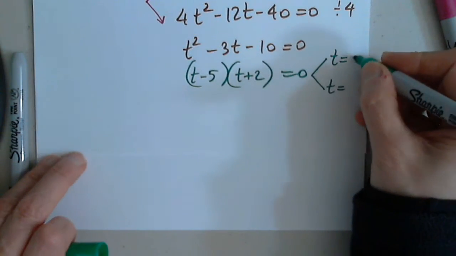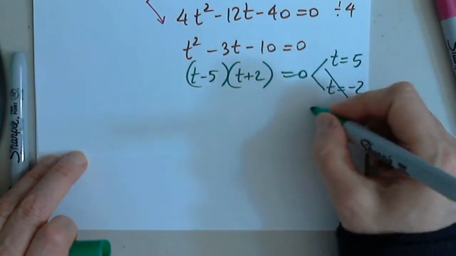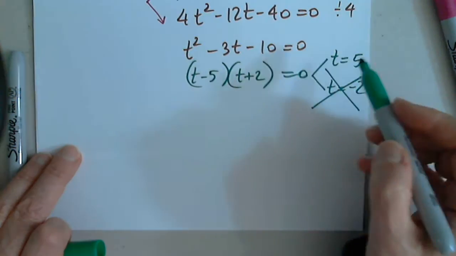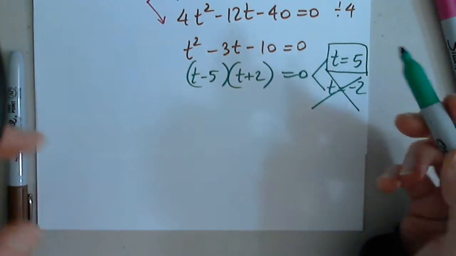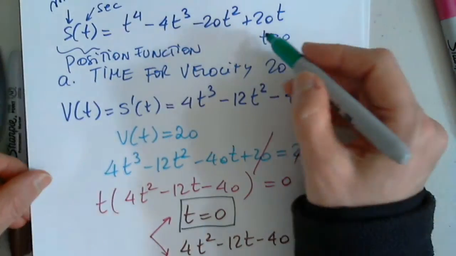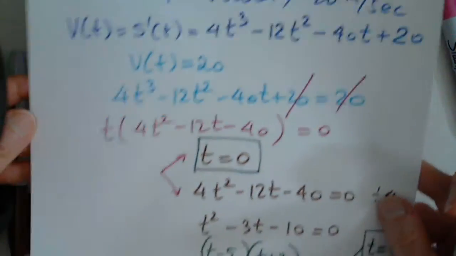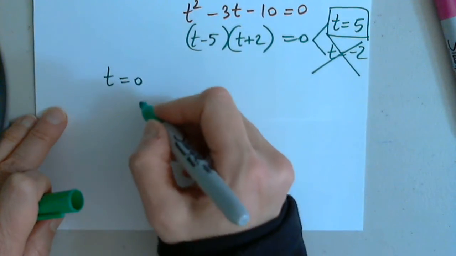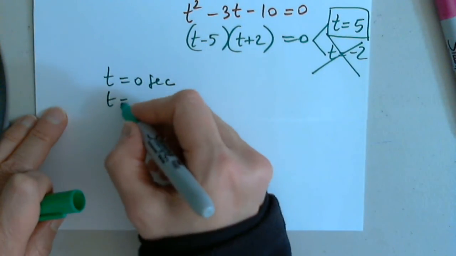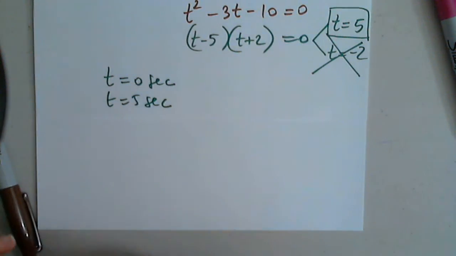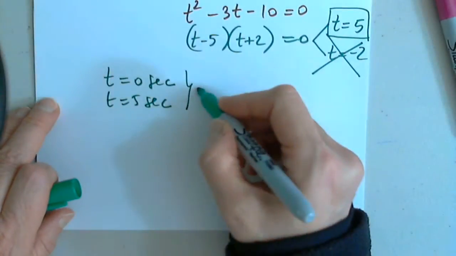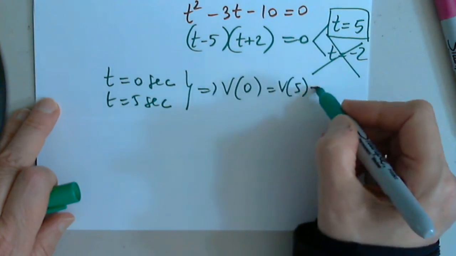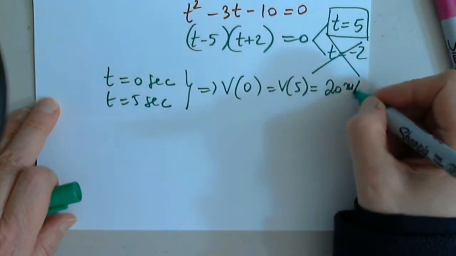Five and negative 2. Very good. So basically, we only have two possibilities. Obviously, time is positive, and we are also told it's positive or 0. So there are only two possibilities, t equals 0 seconds and t equals 5 seconds, when v of 0 equals v of 5 equals 20 meters per second.